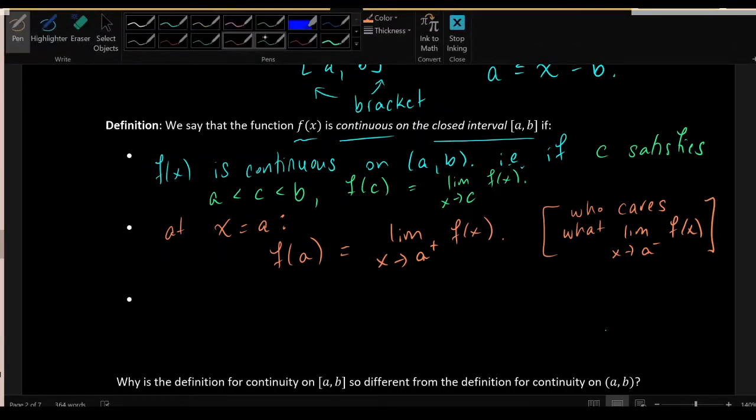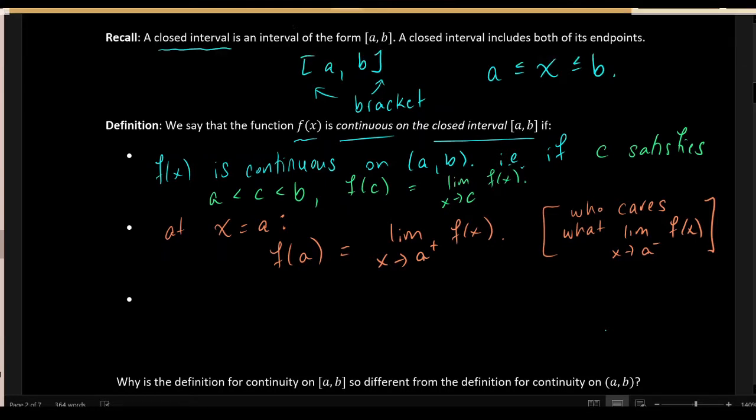Correspondingly, when someone says that f of x is continuous on the closed interval from A to B, they're saying that at the opposite endpoint, when x is equal to B itself, the function's value is a match to the limit as x approaches B from the left side.